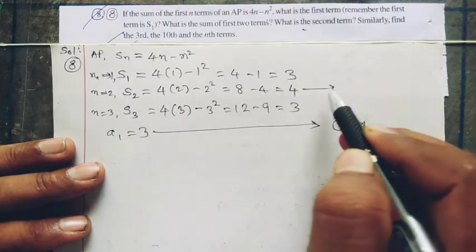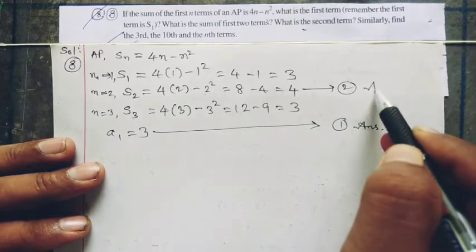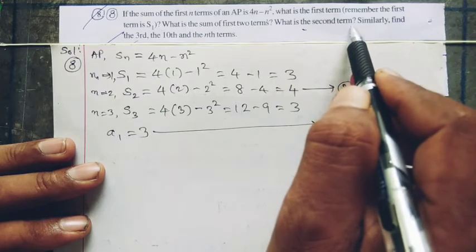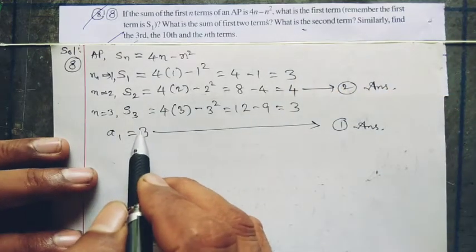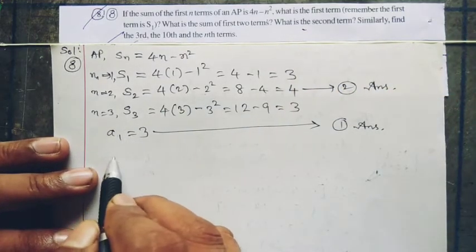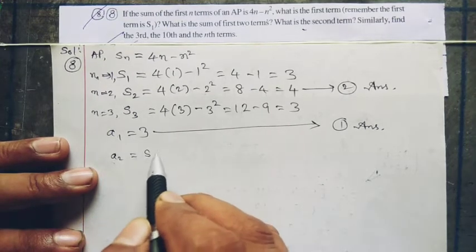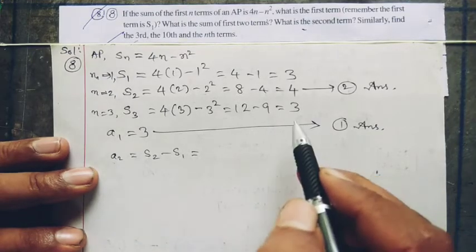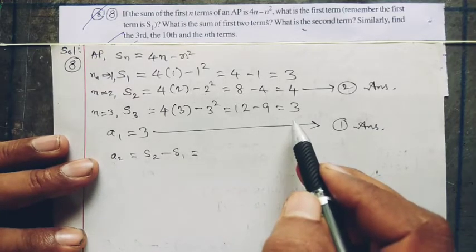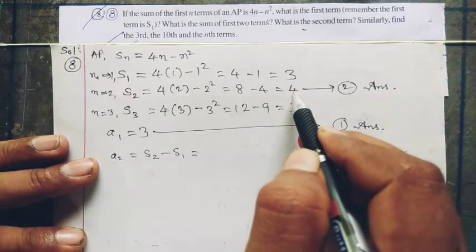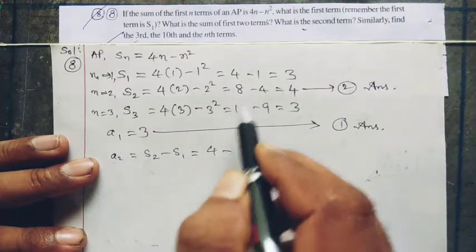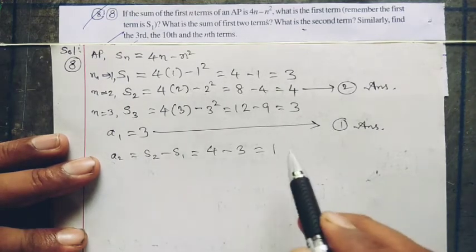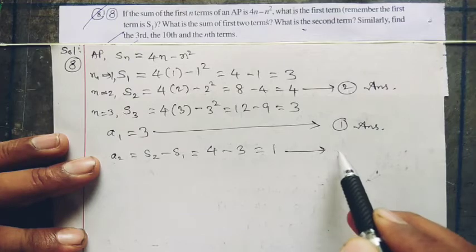This is the second answer. And what is the second term? We can find the second term. A2 = S2 - S1 = 4 - 3 = 1. So this is the third answer.